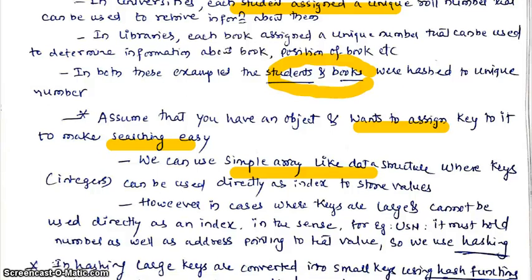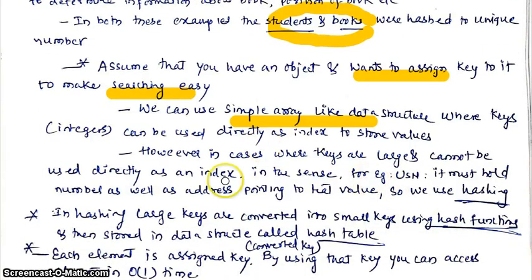However, in cases where the keys are very large, for example the USN, which must hold numbers as well as address, in that case we can use hashing.